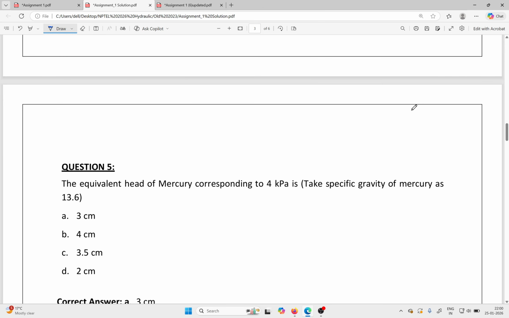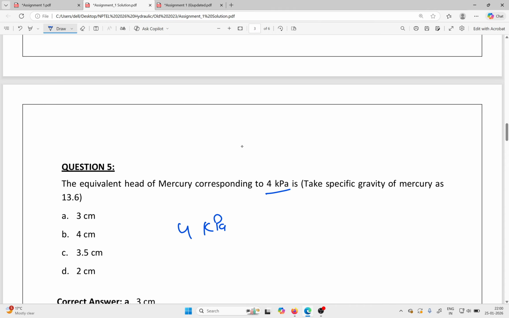Question number 5. The equivalent head of mercury corresponding to 4 kilopascal is, take specific gravity of mercury as 13.6. So you have the 4 kilopascal. So the equivalent head means what?